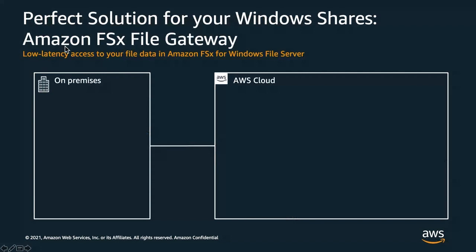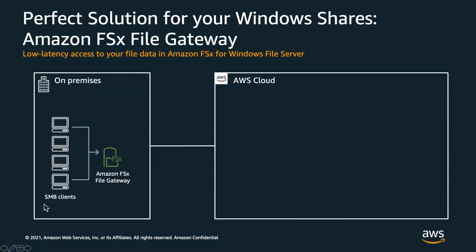We recently announced a new product named Amazon FSx File Gateway. So in your data center, if you have lots and lots of users, hundreds of users storing data and sharing data via network attached storage, you actually can replace that multi-terabytes or petabytes of network attached storage with an Amazon FSx File Gateway.